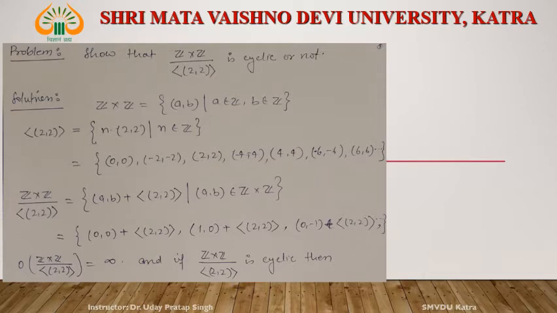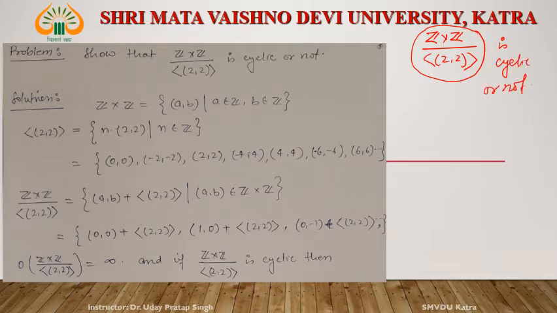Z cross Z by H, and H is generated by (2, 2). This factor group is cyclic or not, right?